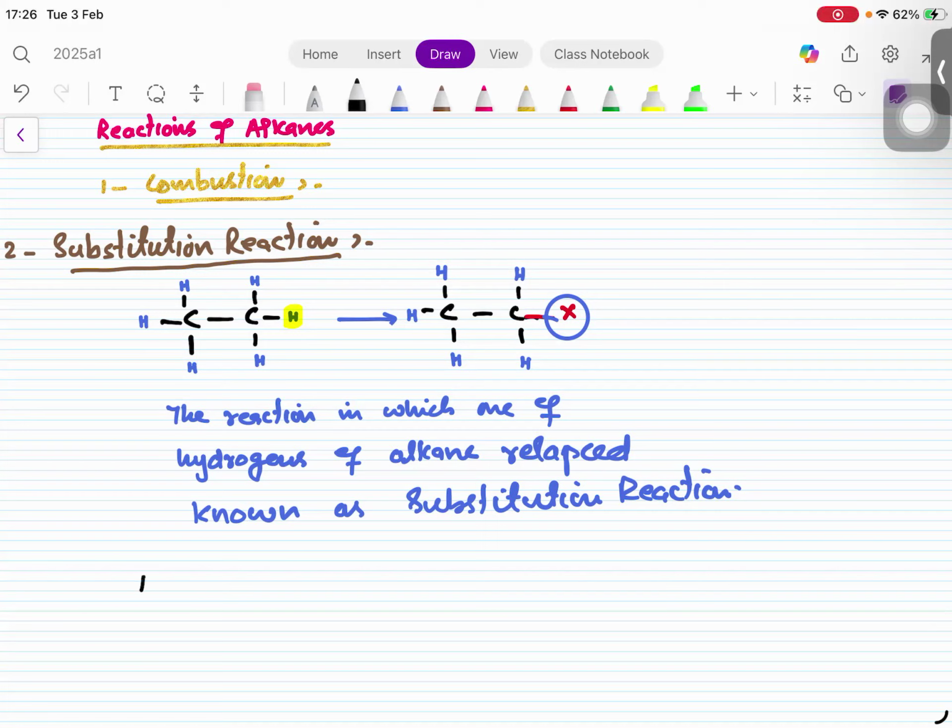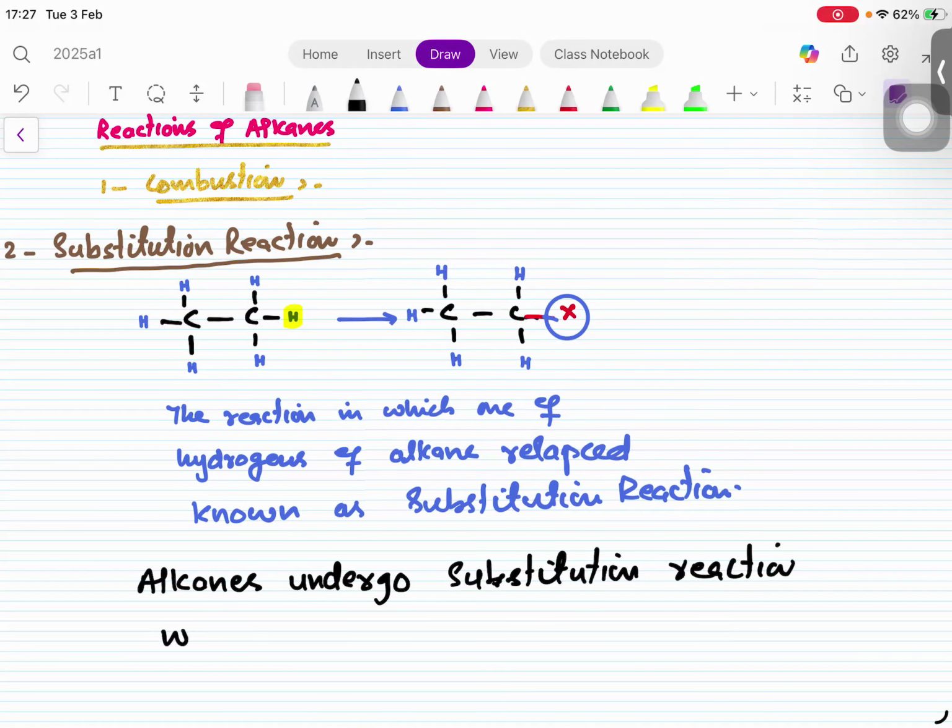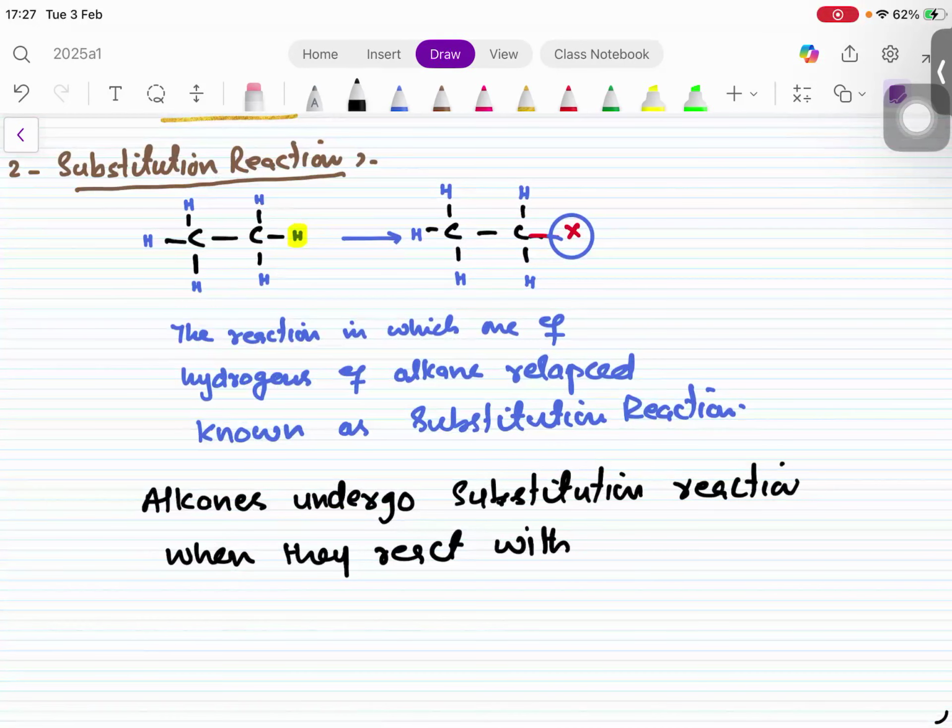So next line, please write, alkanes undergo substitution reaction when they react with chlorine Cl2 gas or bromine Br2 gas in the presence of sunlight.